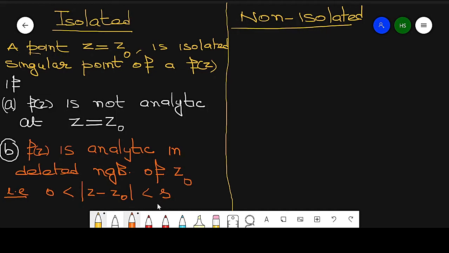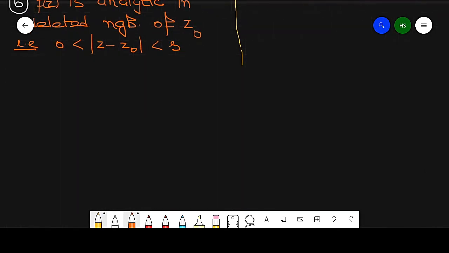So this is a deleted neighborhood of z naught. Now first understand the isolated singularity. If this is some point z naught, and it is an isolated singular point of function f(z), then number 1, f(z) is not analytic at this point. But f(z) is analytic in its deleted neighborhood. Deleted neighborhood means all points excluding z naught.